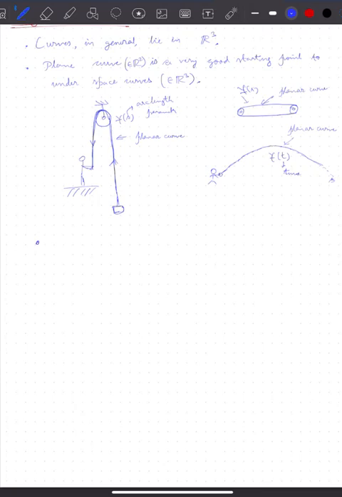But for curves in general, like space curves, say when you take a wire or some thread and you apply torsion, twisting at both the ends, then it will tend to form some localized shapes like this.